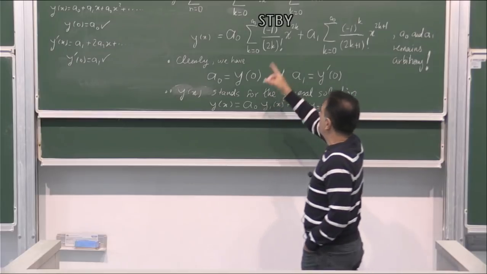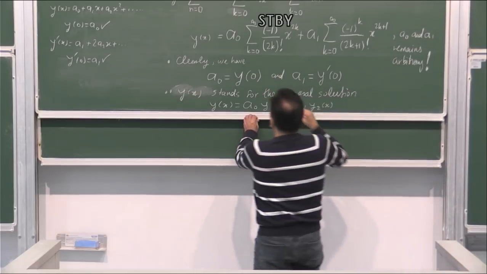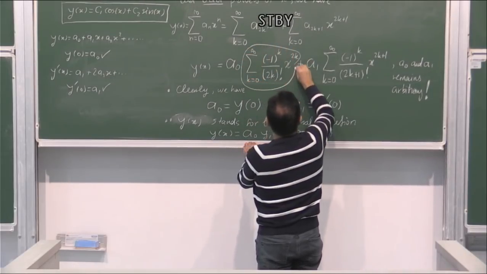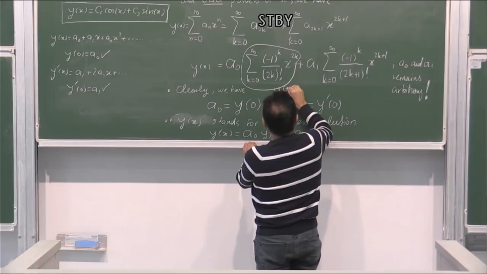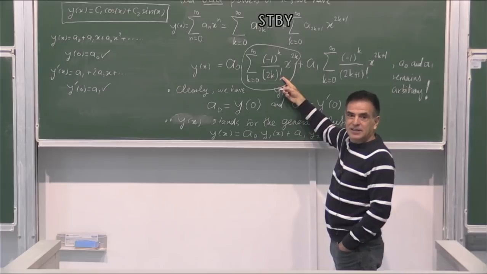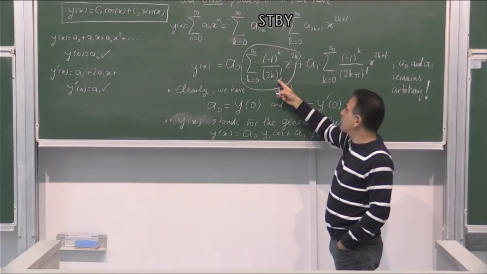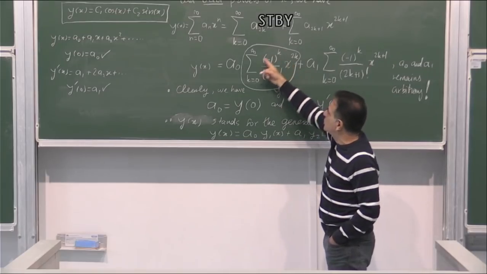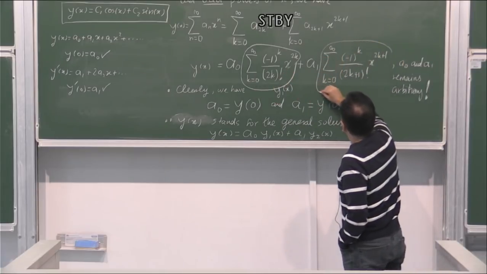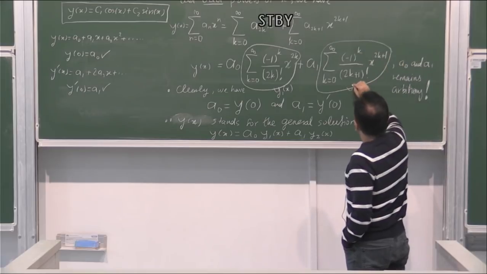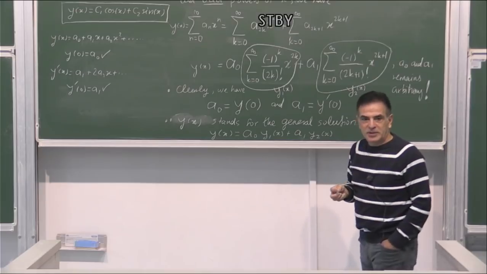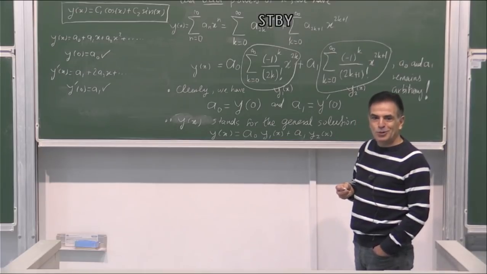Therefore, here we observe that this is y1 of x, the series representation of the first solution has been obtained. Similarly, look, this may be identified as the series representation of the second solution.